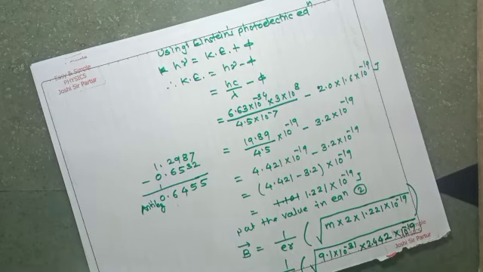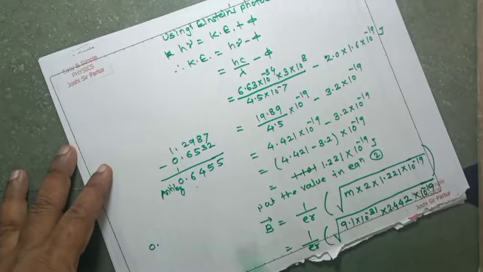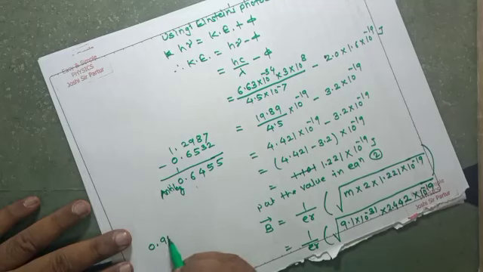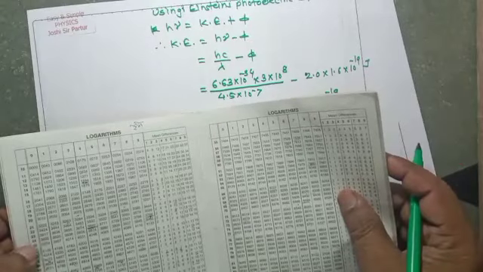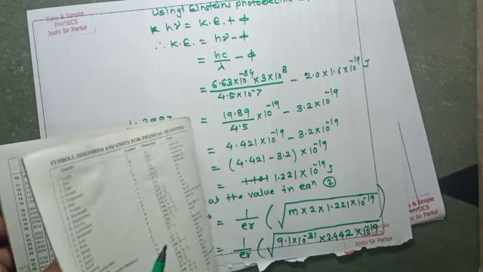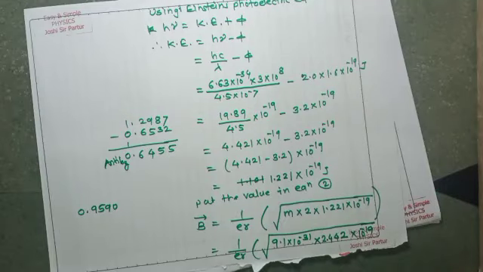See here, log of 9.1 will be 9590. So log of 2.44, that will be 3874, and 2 in mean difference will be 4, that is 3878.